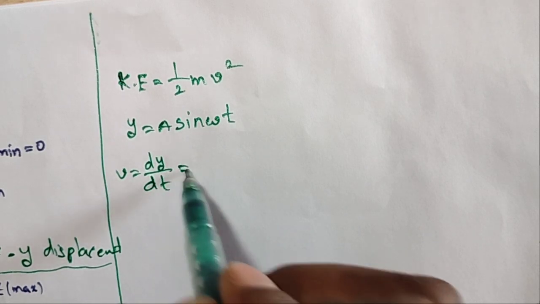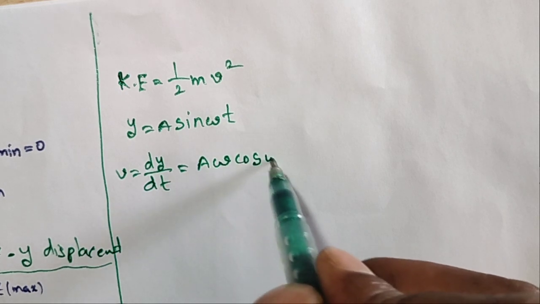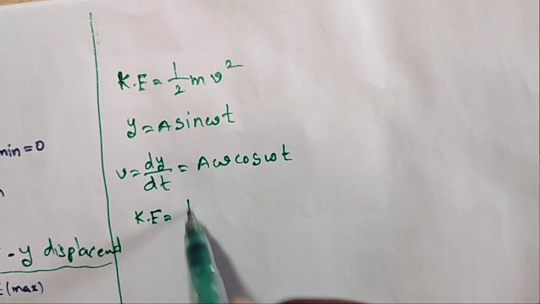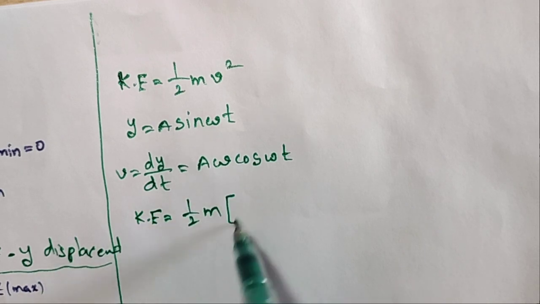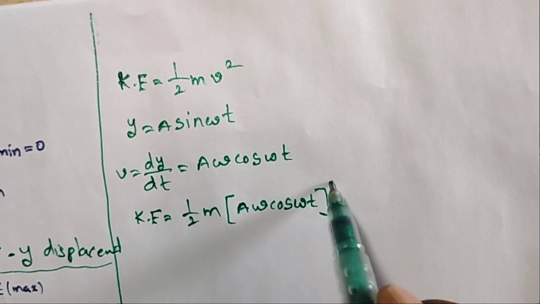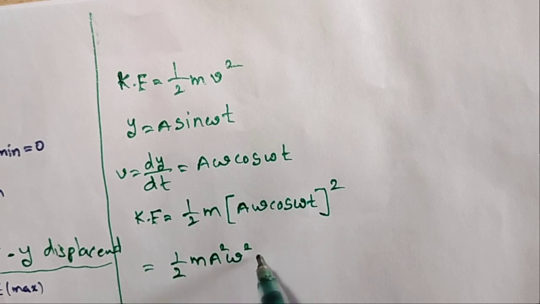After differentiation, we get a omega cos omega t. This is the velocity. So kinetic energy is equal to 1 by 2 m into v square, that is a omega cos omega t whole square. Therefore, 1 by 2 m a square omega square cos square omega t.